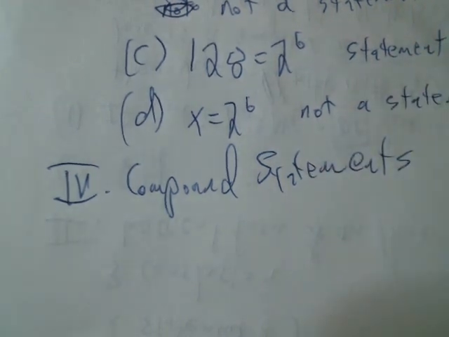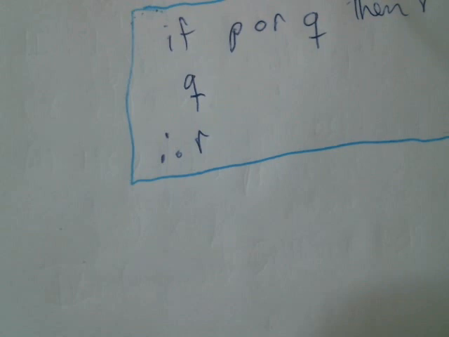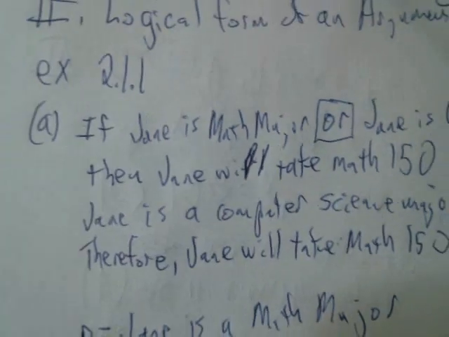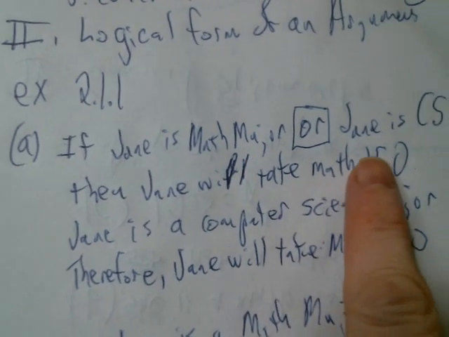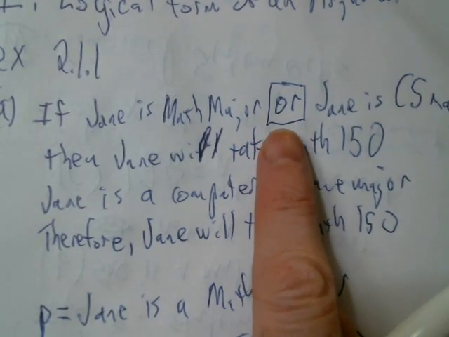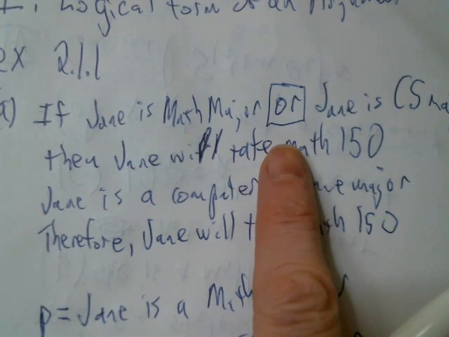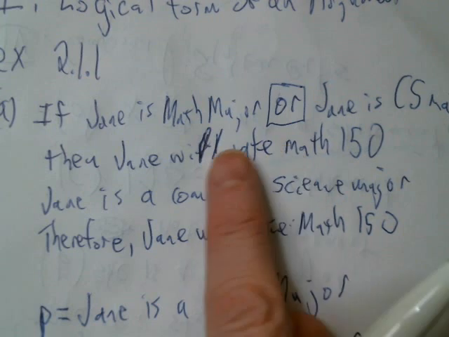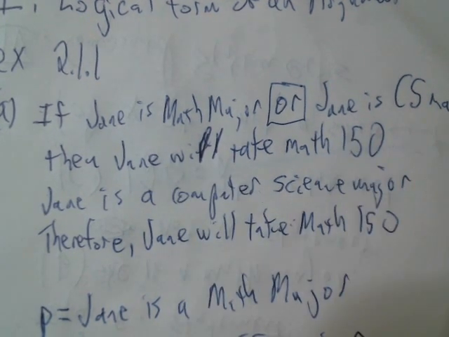So in the first example we were looking at in our notes, example 2.11, that first statement is a compound statement. You see it has this word or in there. That's one of our connectors, which we're going to call the disjunction, okay, later on. This is more complicated because it has several statements in it.